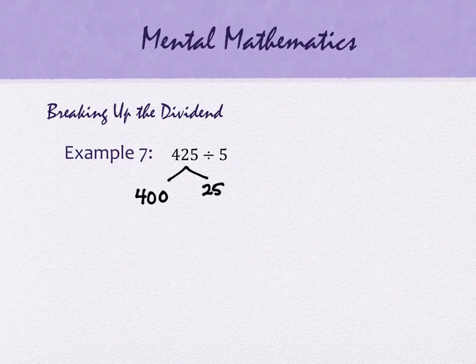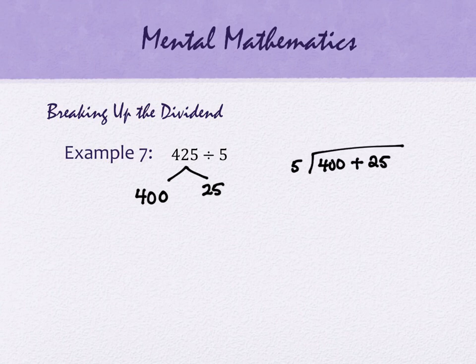So the 400 still ends up being broken apart from the 425, and 5 will very nicely go into each of those. So 5's not going into 4, but 5's going into 40. How many 5s are in 40? That's 8. And then I have the trailing 0. And how many 5s are in 25? 5. So I have 80 and I have a 5, so I have 85.